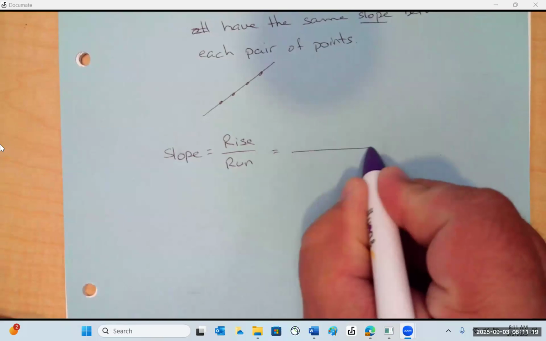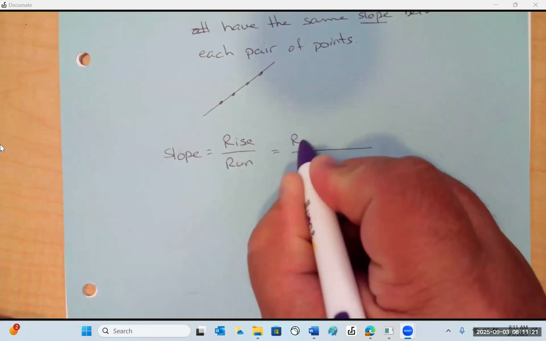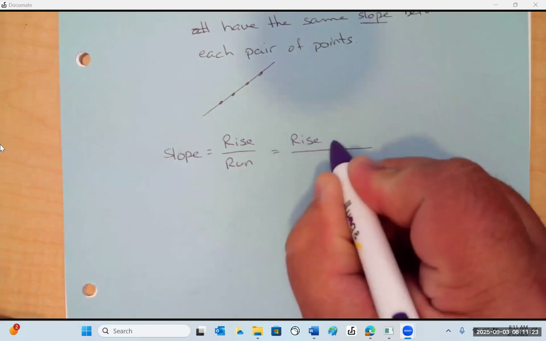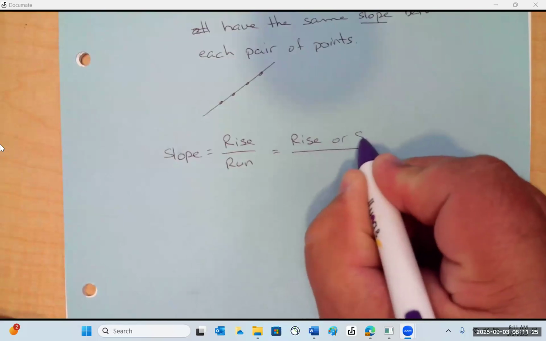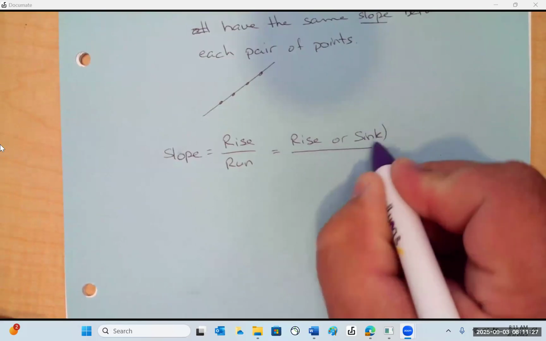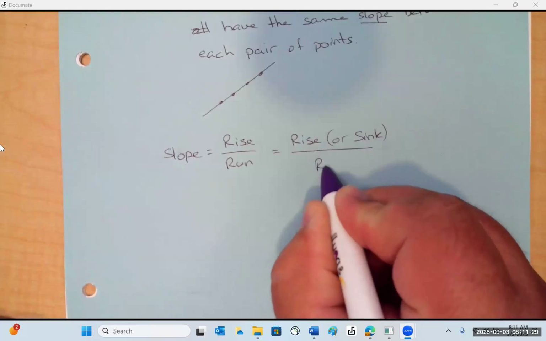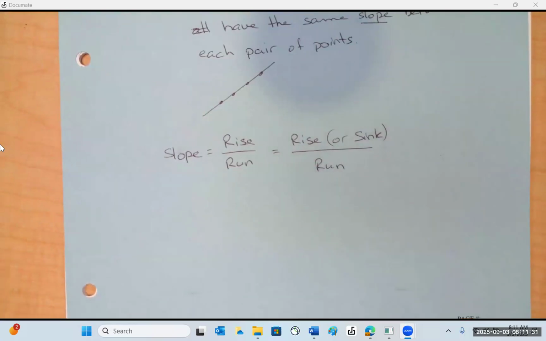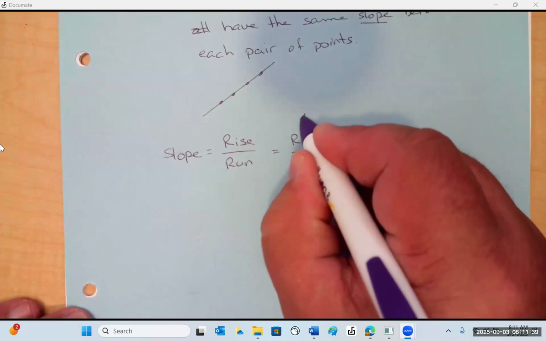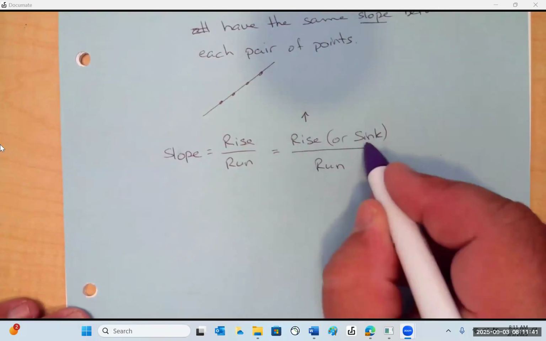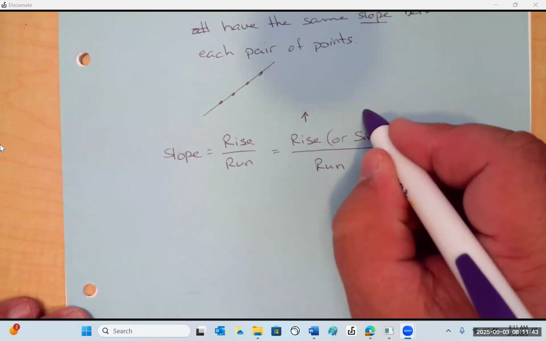So in reality, it's rise or sink over run. Rise means what? Means you're going up. Sink means you're going what? You're going down.